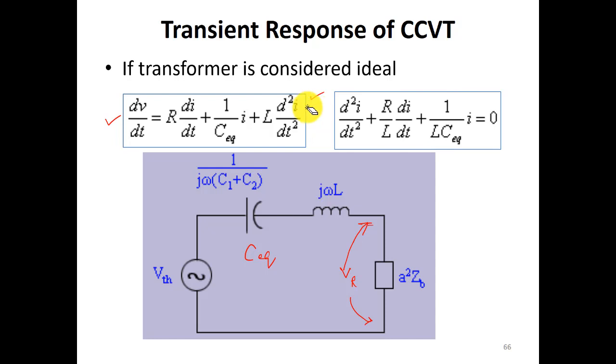Now if we write the equation for I, then I can write d square I by dt square plus R by L di by dt plus 1 by L C equivalent I equal to 0. I can write this from this equation.